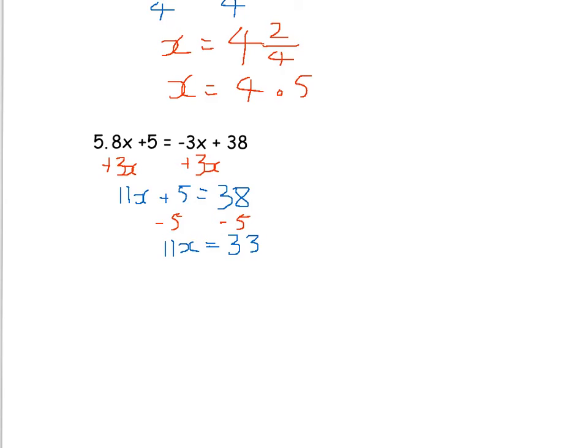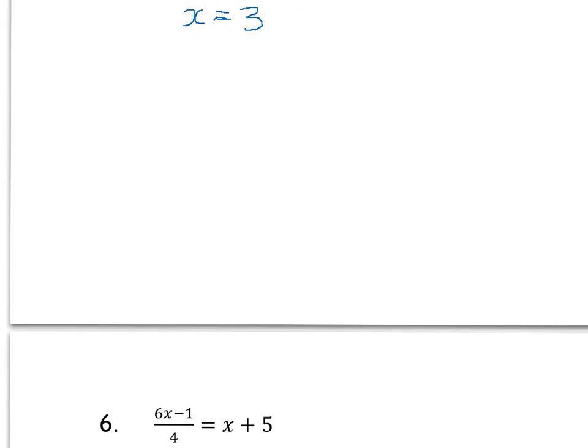Now divide both sides by 11 to finally find out what the value of x is. So x equals 33 divided by 11, which is 3.